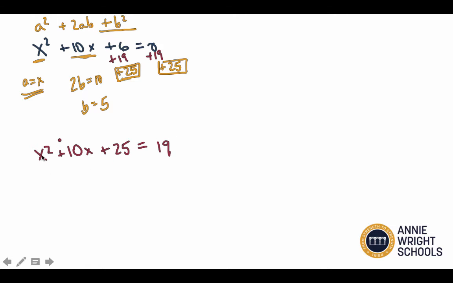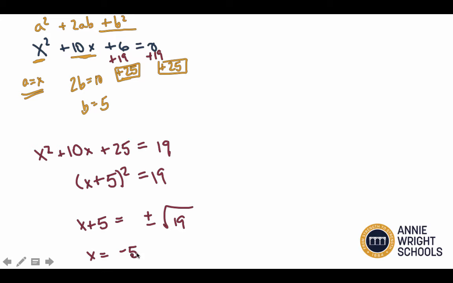What we're doing now is we're saying something squared is 19, and that's perfectly fine. x plus 5 quantity squared is 19. So what we know is that x plus 5 has to equal plus or minus the square root of 19. And now we can solve for x and get x is equal to negative 5 plus or minus the square root of 19.